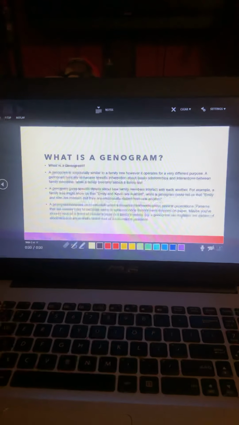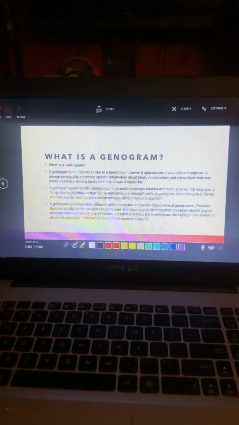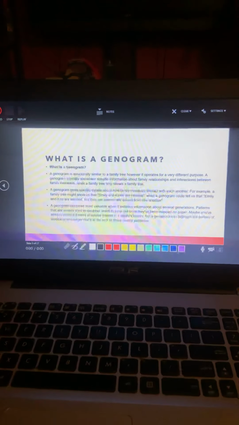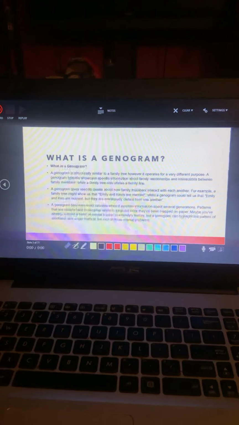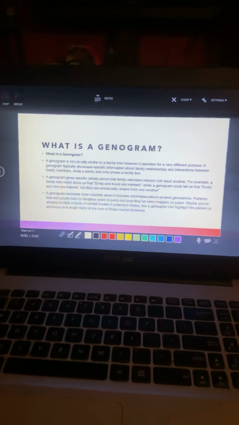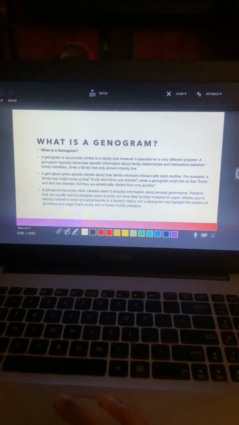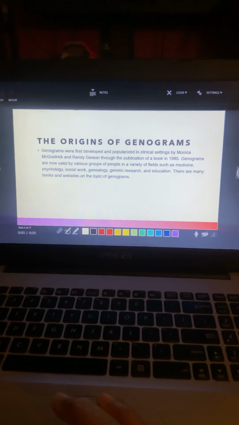So maybe you've already noticed a trend of marital problems in a family's history, but the genogram can highlight the pattern of aloofness and anger that's at the root of all marital problems. So it gets into detail, like we said, the root of the problems.